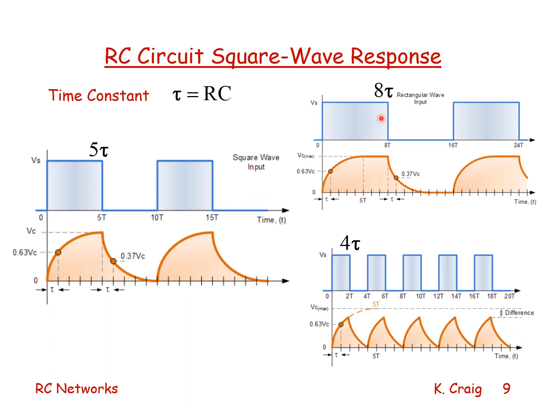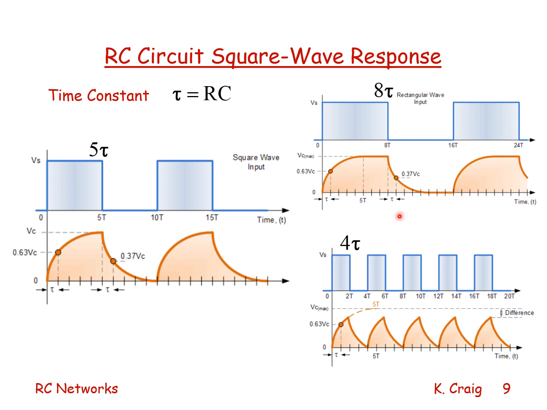If, however, I increase the period, make it 16 tau, 8 tau is half the period, we see that the response will get to steady state, and then it will stay there from 5 tau to 8 tau. And then it will discharge, and then it will stay there until 16 tau. And then it will repeat.